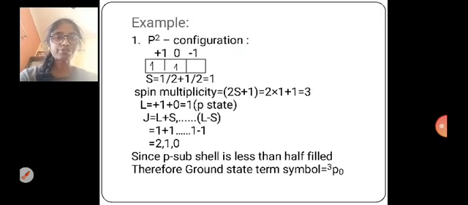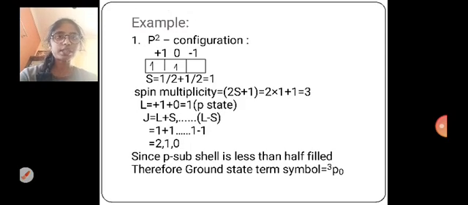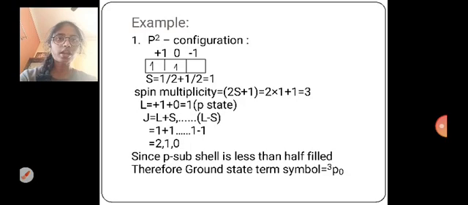Example, p2 configuration will have only 2 electrons in the p orbital, so half plus half is equal to 1. S value will be 1. Spin multiplicity, with the formula 2S plus 1, is equal to 3. The electrons are filled in the plus 1 and plus 0 states, so L is plus 1 plus 0, which equals 1.